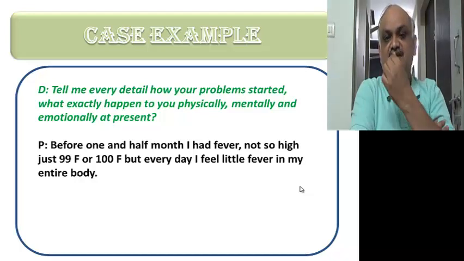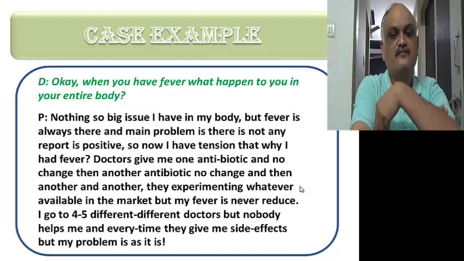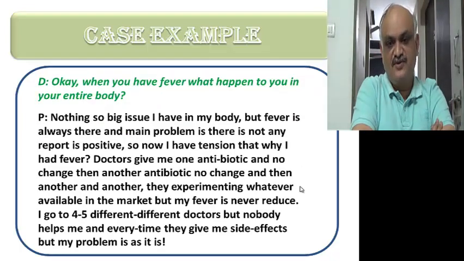So daily he has fever, but it's low. Okay, when you have fever, what happens in your entire body? He replied, nothing so big in my body, but fever is always there, and the main problem is that no report is positive.